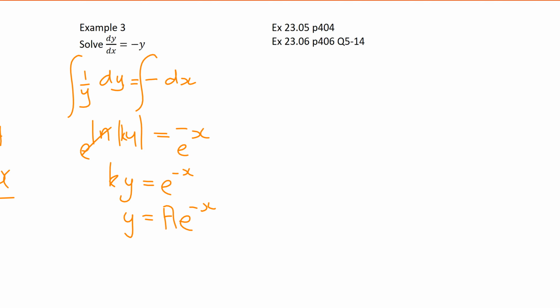From your log rules, remember, if that was plus c and I raise everything to the power of e, then that is going to be y equals e to the negative x plus c. That there is like timesing by e to the c, isn't it? Because when you're multiplying bases, add the indices.